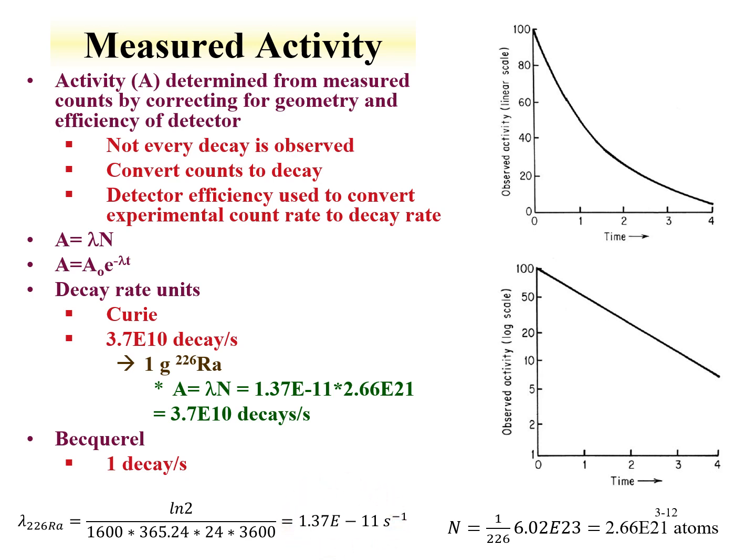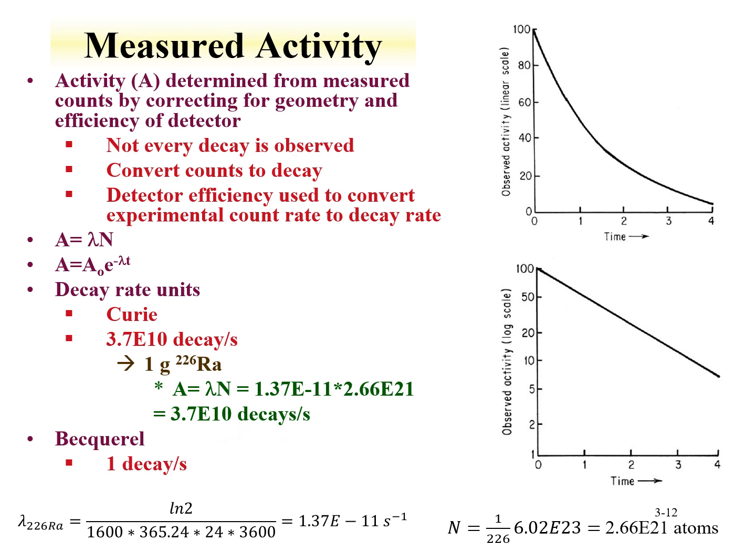The number of atoms of radium-226 in a gram is shown here, where the atomic mass of radium-226 is used: 1 divided by 226 times Avogadro's number, 6.02 times 10 to the 23rd, gives 2.66 times 10 to the 21st atoms of radium-226 in a gram of radium-226. These terms are then used to determine the activity by multiplying the decay constant times the number of atoms.